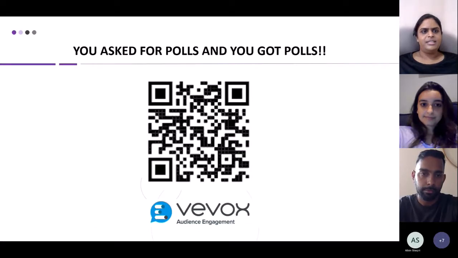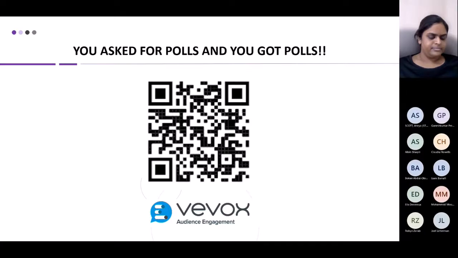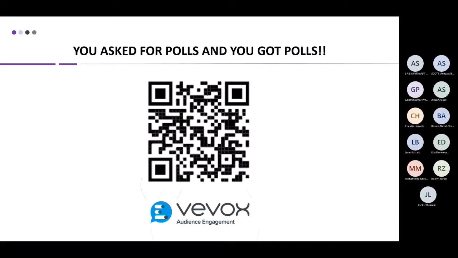So this is the QR code for the poll, so I'll give you a minute or so just to get that going on your phones. So give it a couple more seconds.